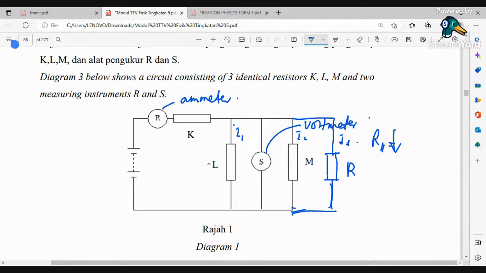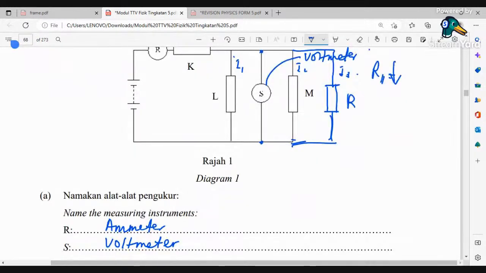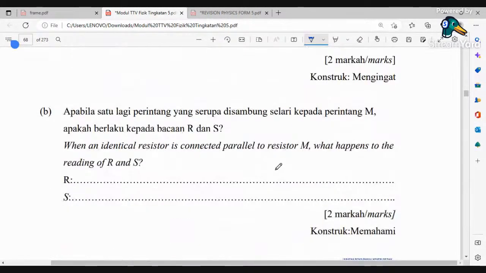The voltage depends on the effective resistance across the 3 resistors in series. So what happened to the voltage? Decrease, because effective resistance decreases, right?